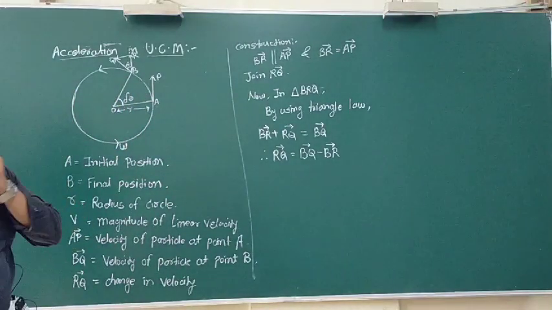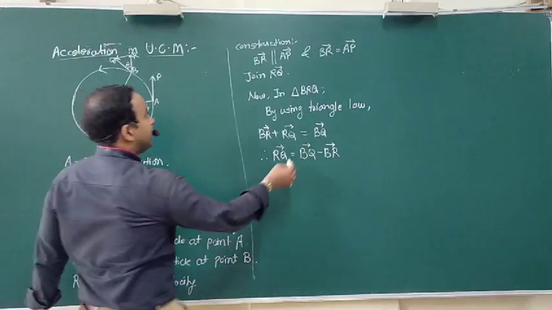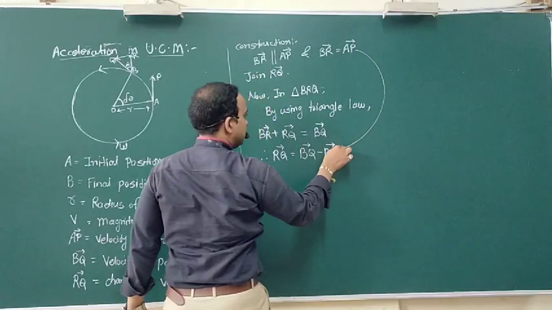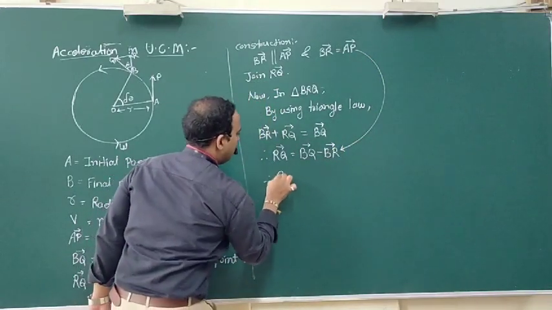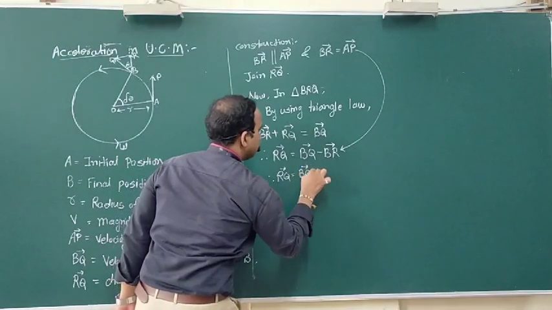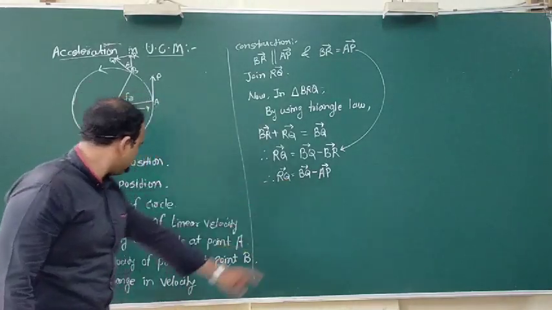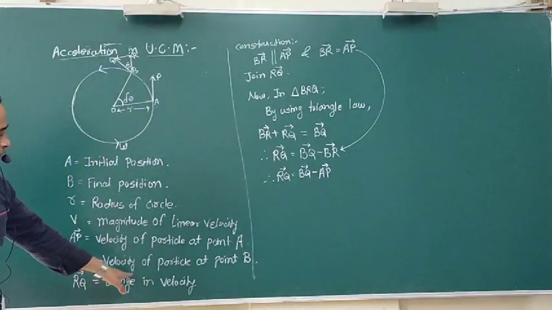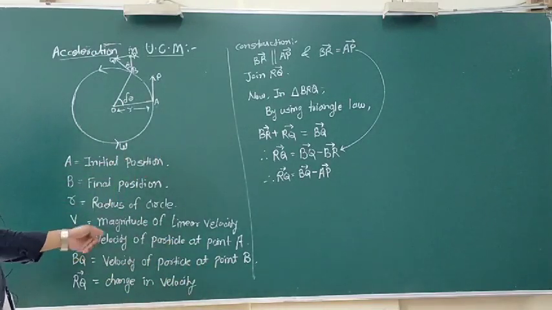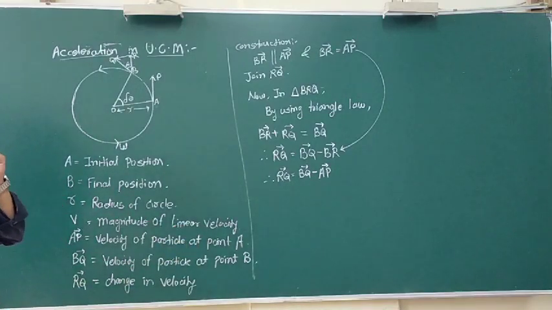Now BR bar is equal to AP bar, so we can substitute here. Therefore RQ bar is equal to BQ bar minus AP bar. BQ bar means velocity of the particle at point B, and AP bar means velocity of the particle at point A.